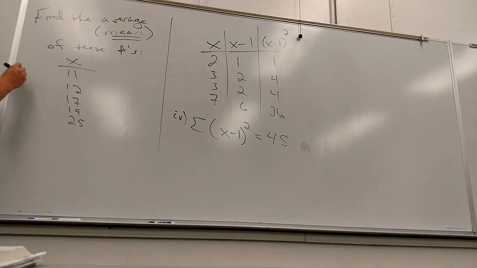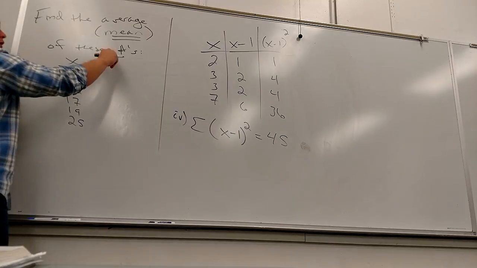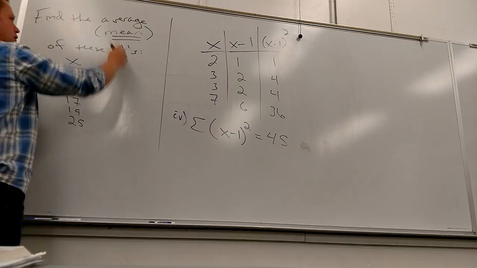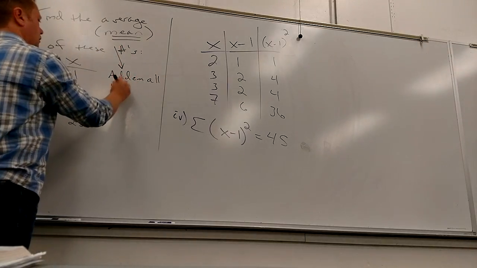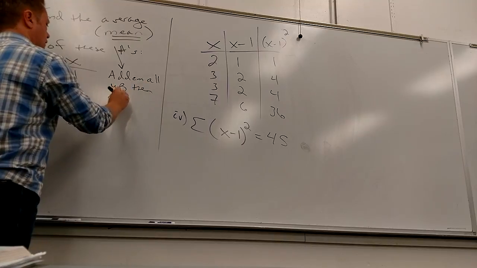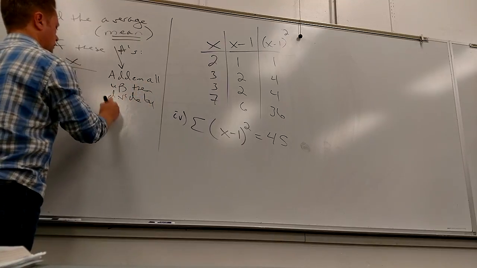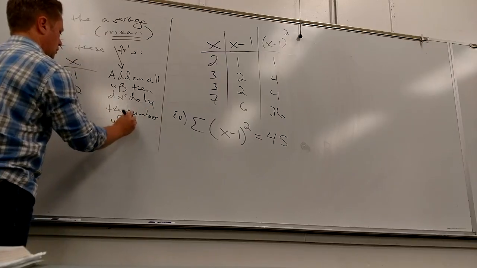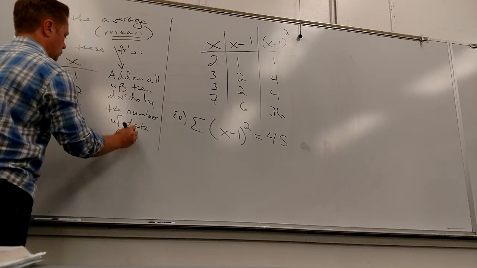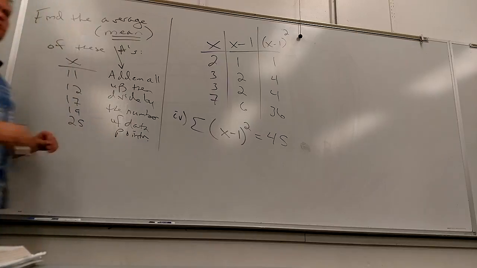5. So in English, how do you find the average? In English, it's add them all up, then divide by the number of data points. Let me just get technical there for a second.